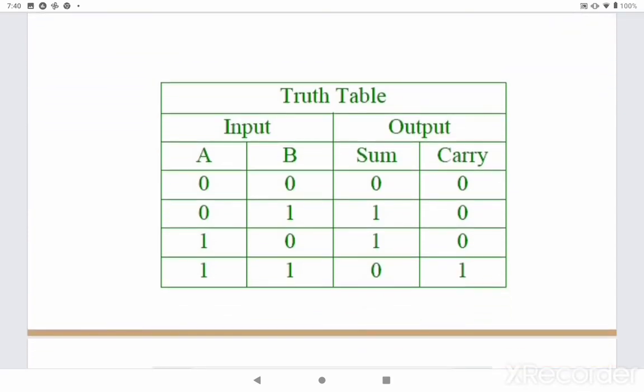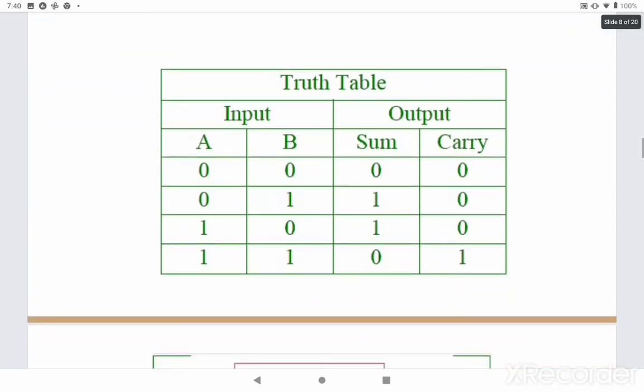You can see the truth table here. We have two inputs, A and B, and also two outputs, sum and carry. If I am giving A equal to 0, B equal to 0, nothing to add or nothing to find here.